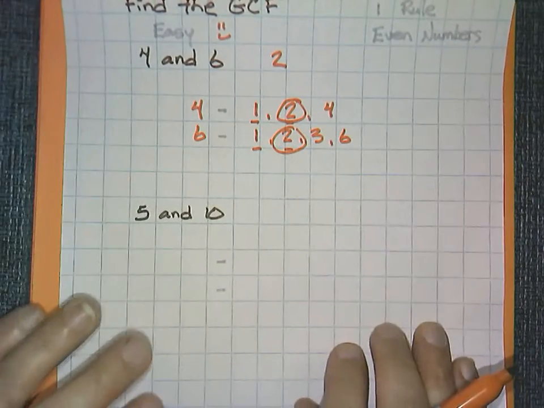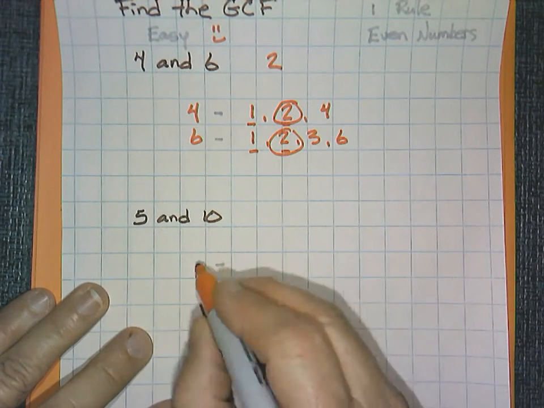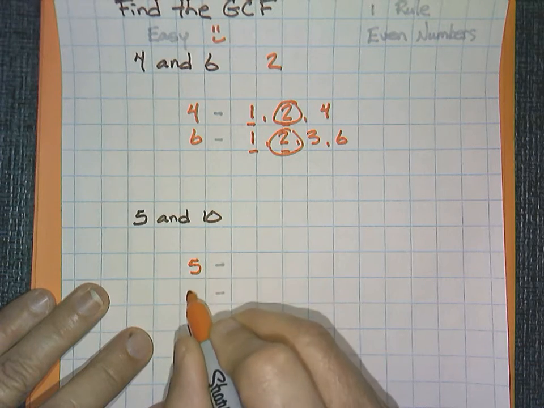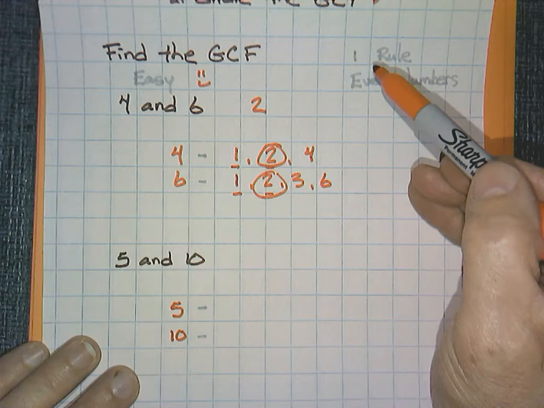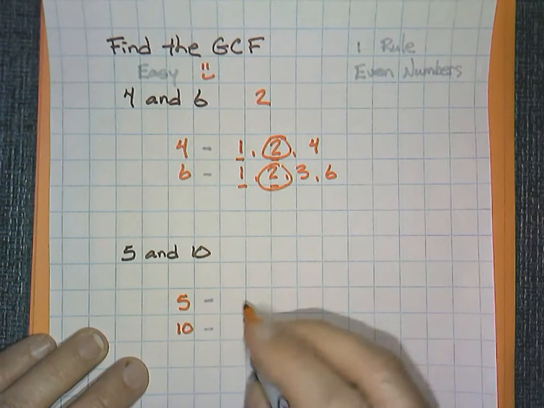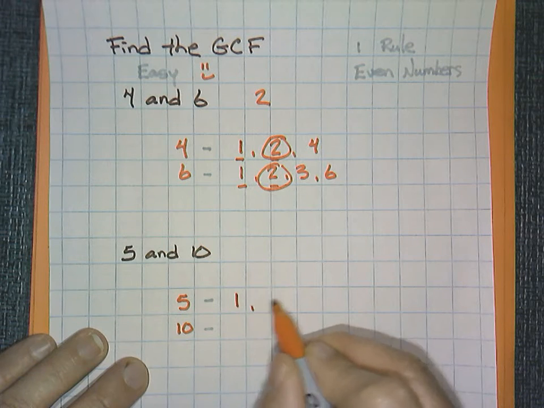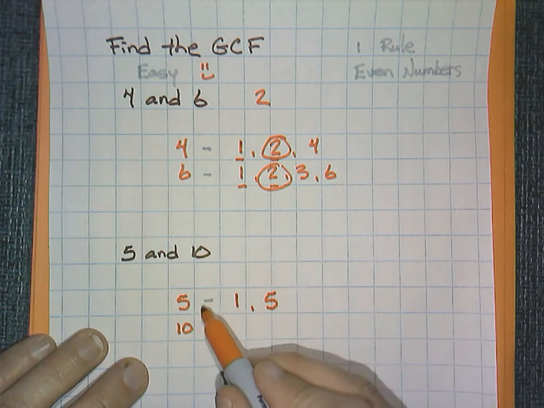Another easy one. 5 and 10. And I wrote a note up here to remember that all numbers always have 1 as a factor. So for example, 1 times 5 would equal 5, and there's no other factors for 5.